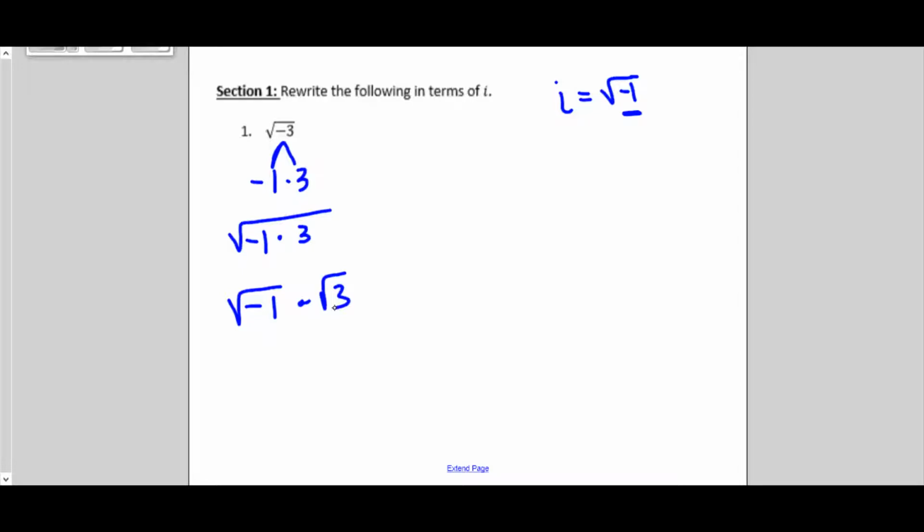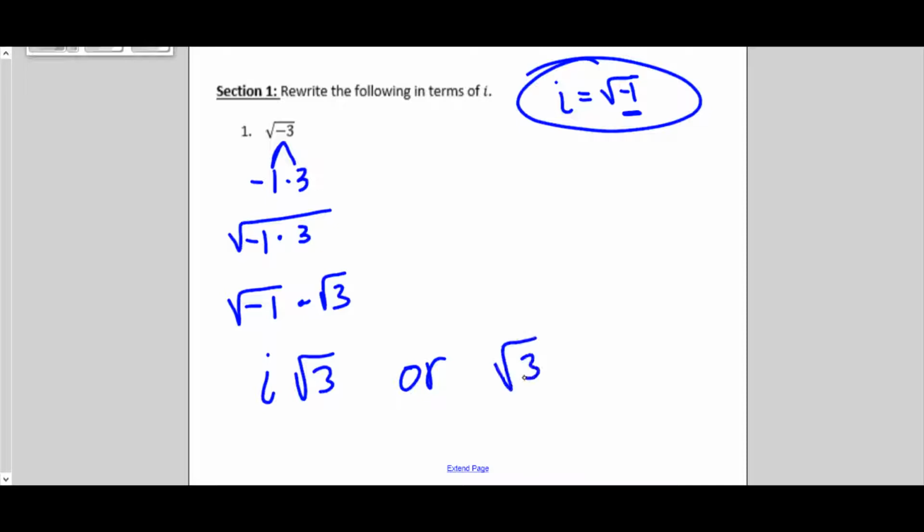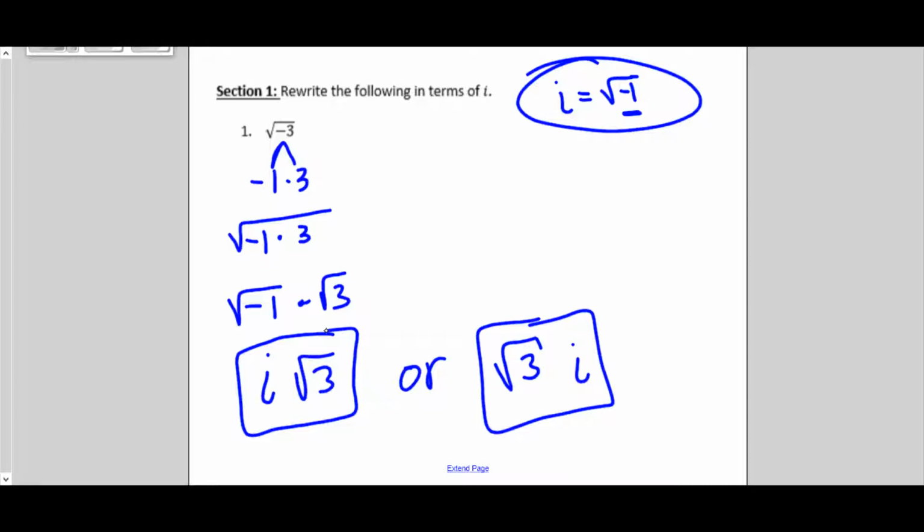Well, we know the square root of negative 1 is i. So I'm going to just put i square root of 3. And you're going to typically see this written as square root of 3 with the letter i after it. But either one of these is fine. So this is how you rewrite in terms of i.